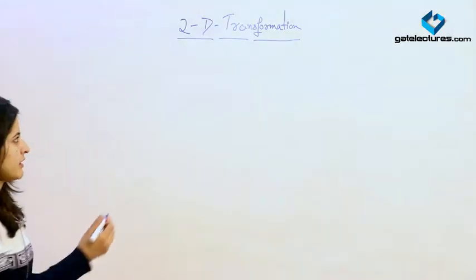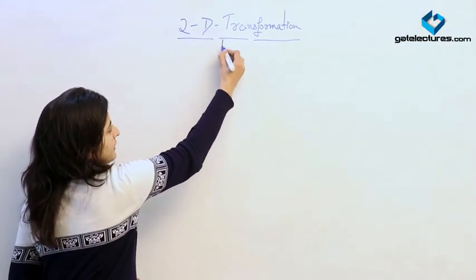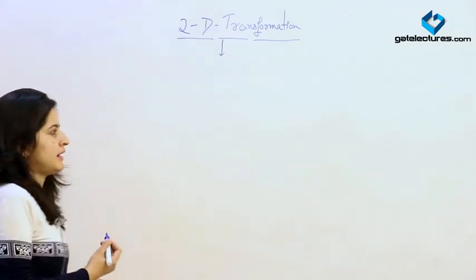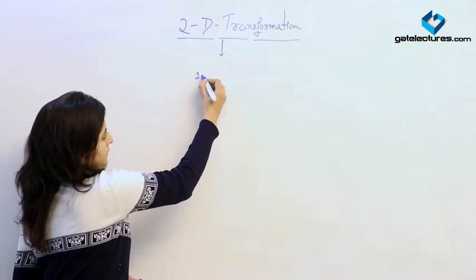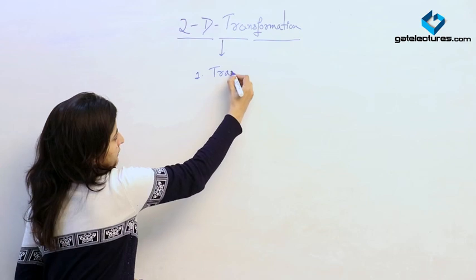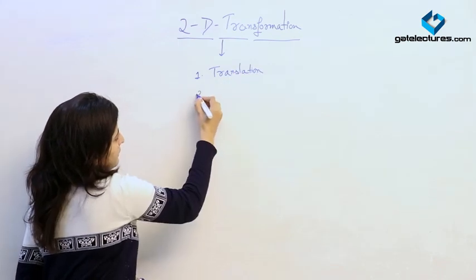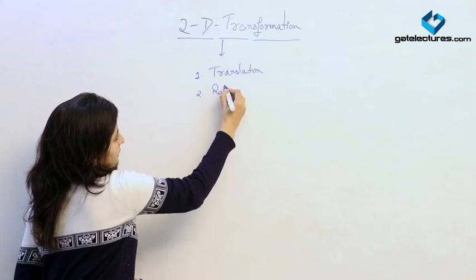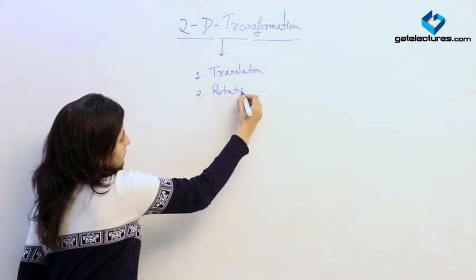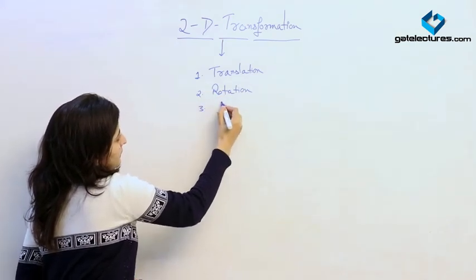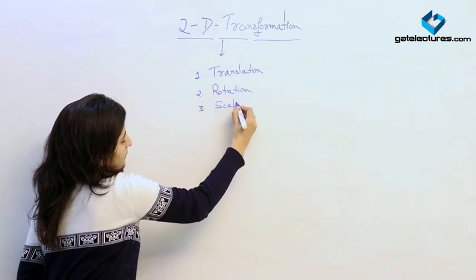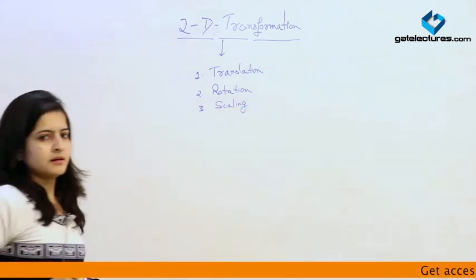So the basic 2D transformations which we are applying to computer graphics objects are translation, rotation, scaling.